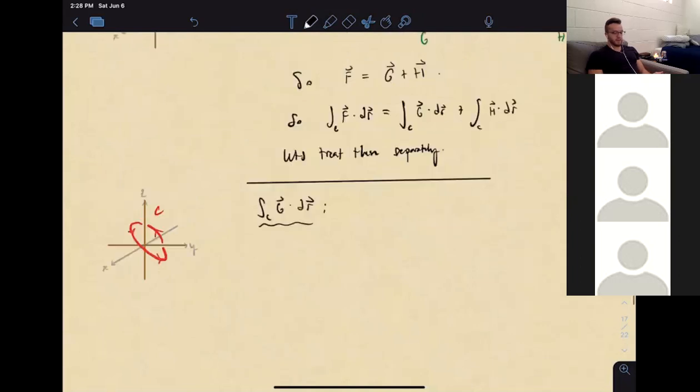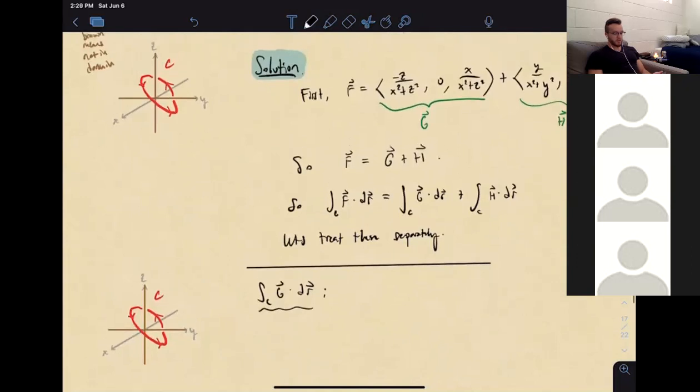Okay, so G is up here. If I only wanted to integrate G over the curve, what could we do? Another question I could ask is, what do you think the answer is for G?